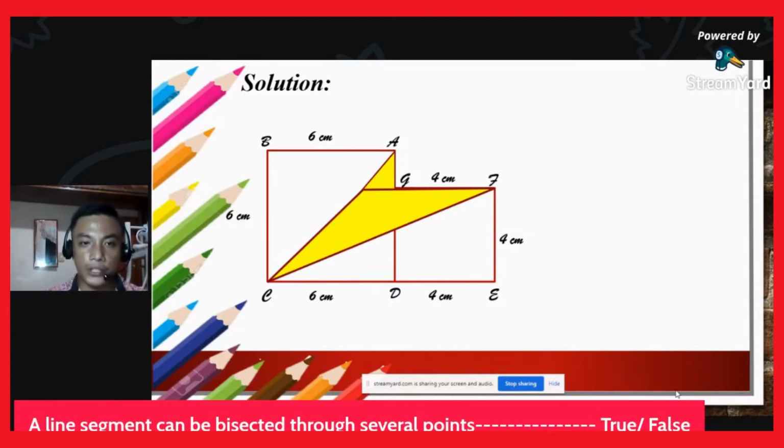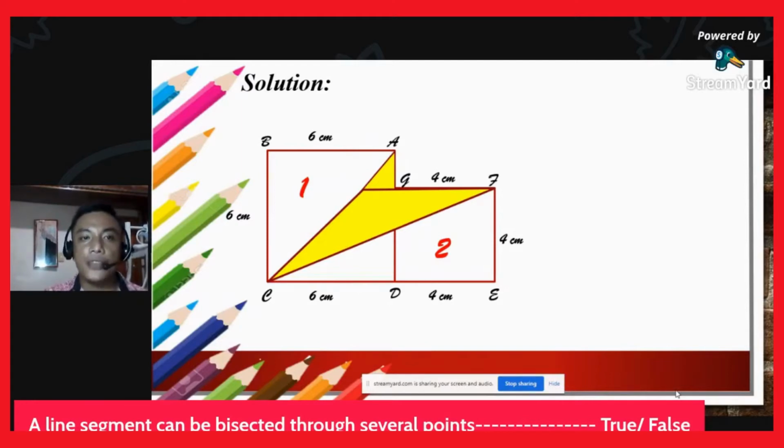Next, as we can see, how many unshaded triangles could we form? We have the first triangle, triangle ABC, and the second triangle, triangle CEF. So, again, we're going to find the area of the two triangles.